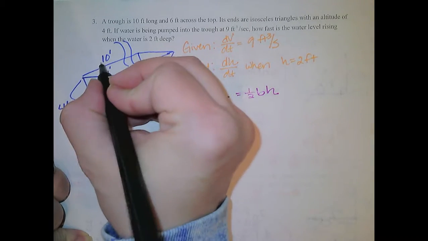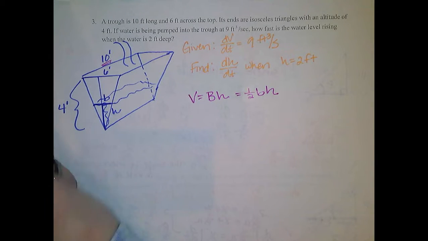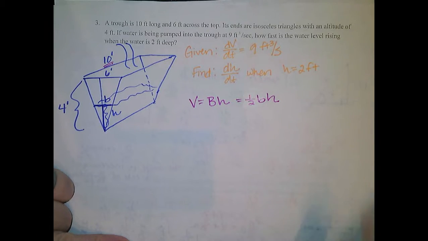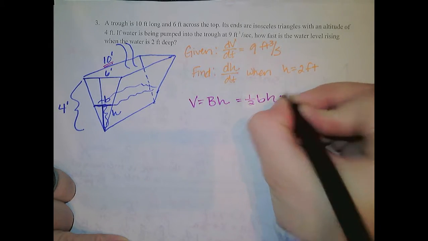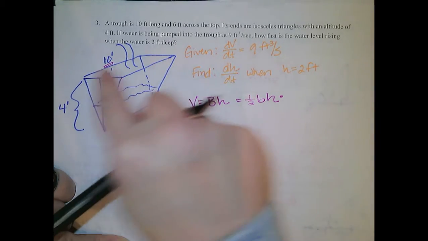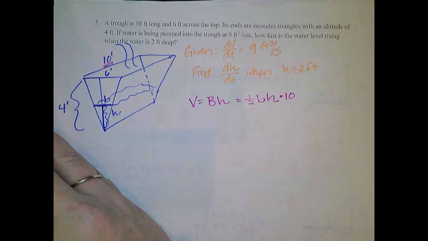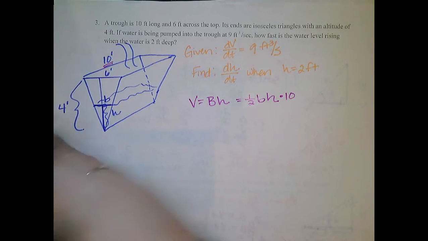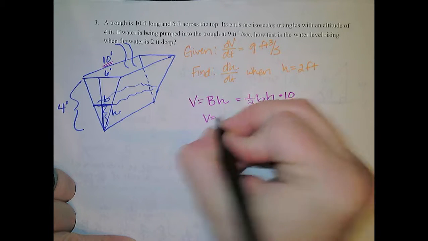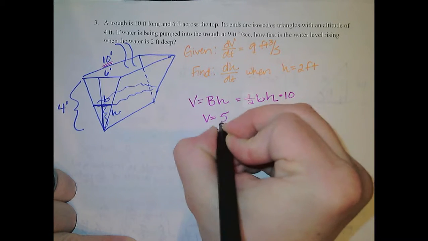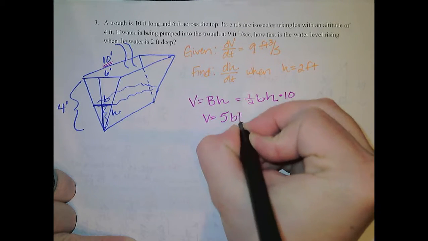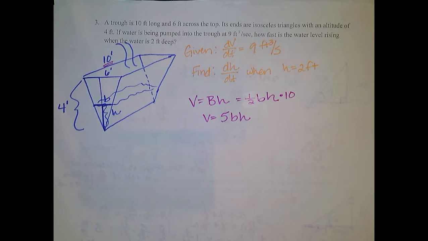Remember we said before that if a value is constant, if it doesn't change in the problem, we can use it from the very beginning. So if I clean this up, I have 1/2 times 10 is 5, times b times h, for the volume of the water in the trough.